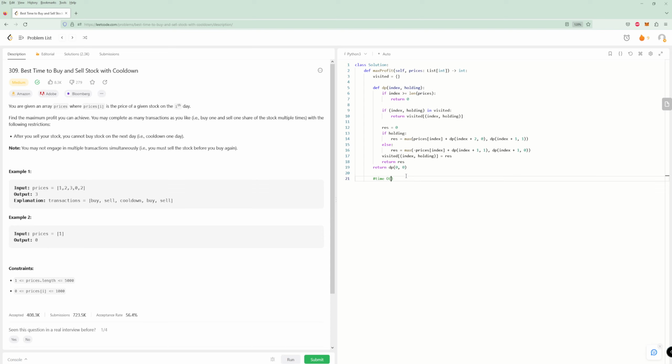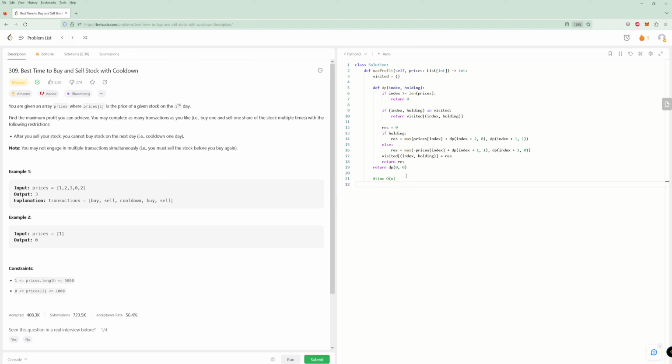How many states would that be? I think just 2n, honestly. We're not repeating work because we have the visited. So it's just 2n, which rounds down to n, because at every index we have two values, that's 2 times n.